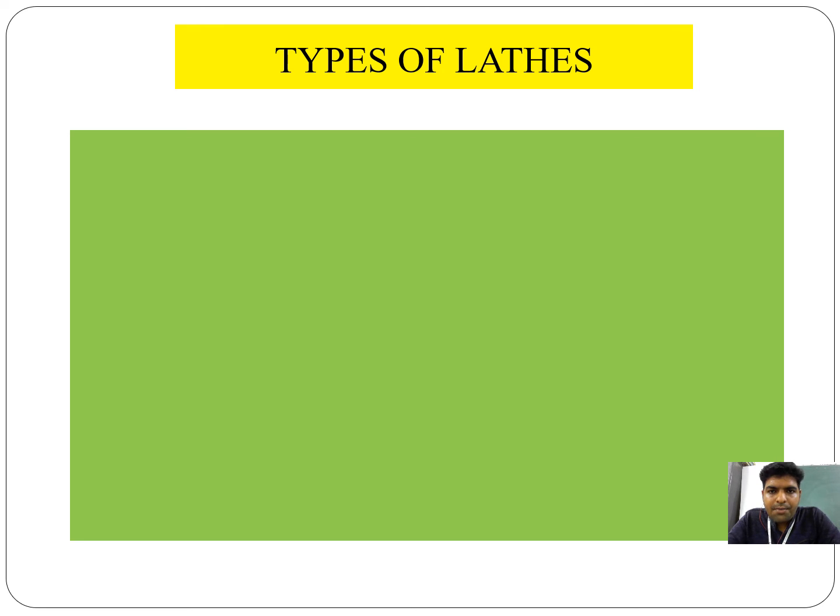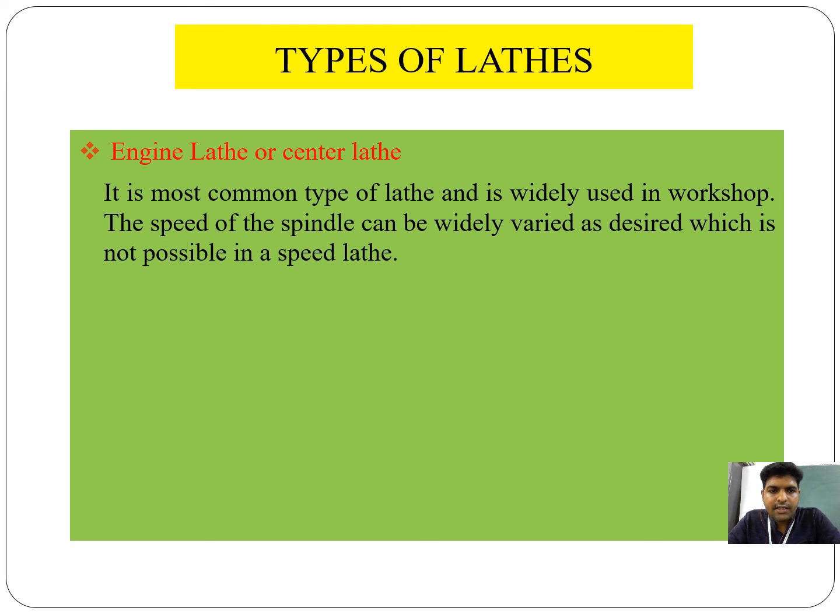Next one is types of lathe. There are different types of lathe machines used for different purposes. First one is the engine lathe or center lathe. It is the most common type of lathe which is widely used in workshops. In this type of lathe, the speed of the spindle can be varied widely as per our requirement, which is not possible in the speed lathe.